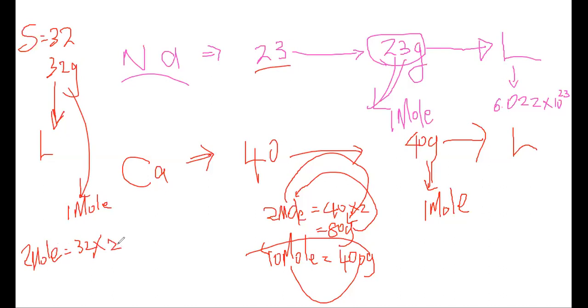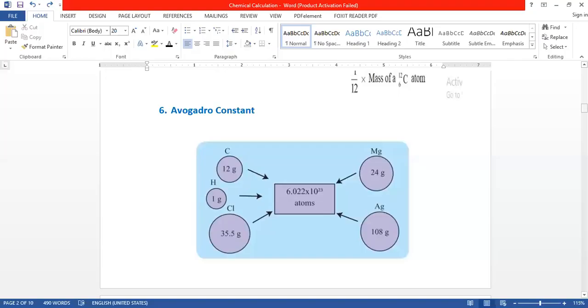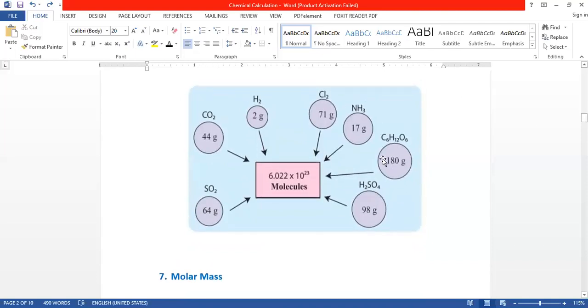How much? 64. 64 gram. So we have an equation to find that, but to understand, I'm talking about this one. If you come to this, again, another important thing, this is another interesting point, the Avogadro constant, but for molecules, look at this one.